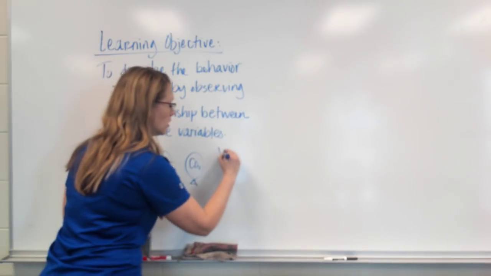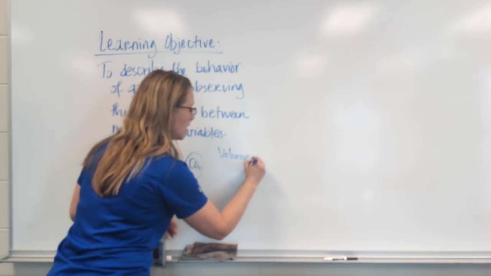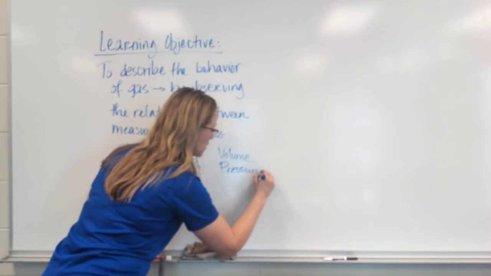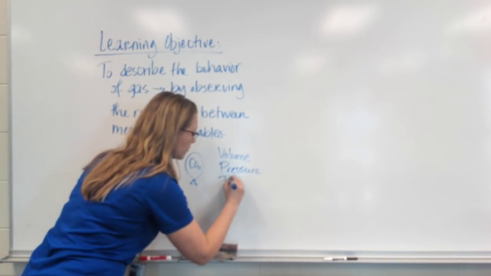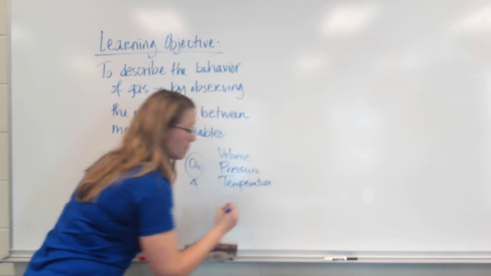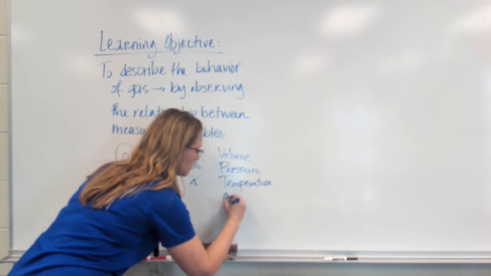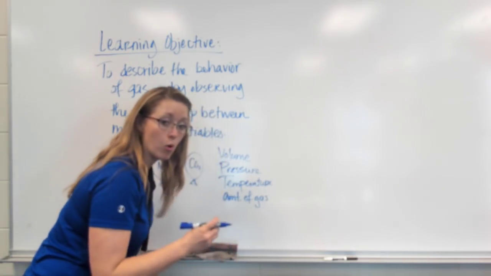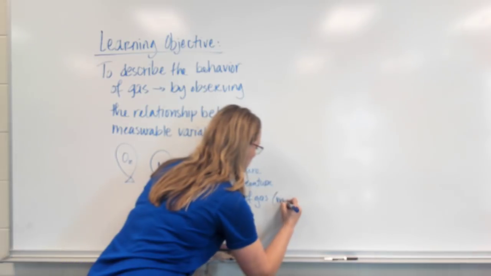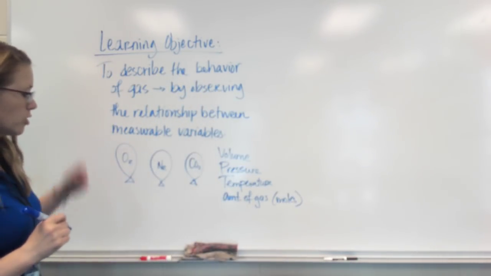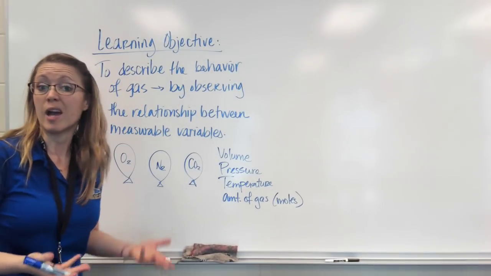I can measure the volume, the pressure, the temperature, and the amount of gas, which would be the moles of gas. Volume, pressure, temperature, amount, and I could also measure type.